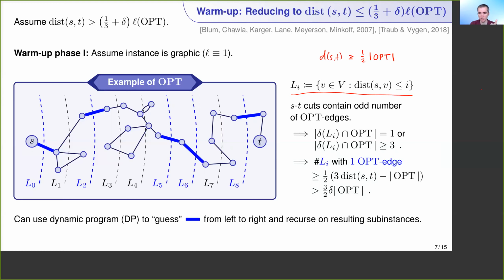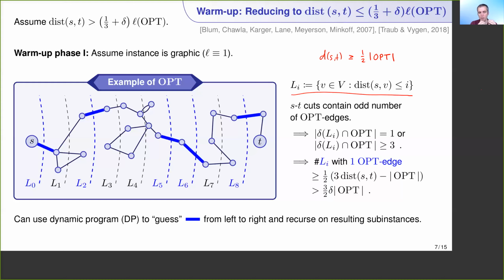Therefore, it's either 1 edge or at least 3. So you immediately see it's impossible to have no cuts with 1 edge among those from L0 to L8. The number of S-T cuts corresponds to the distance. It's impossible because in that case, we would have half opt many cuts, each having 3 edges. This would lead to 3 half opt many opt edges, which of course is a contradiction.